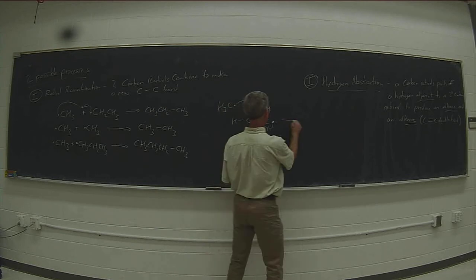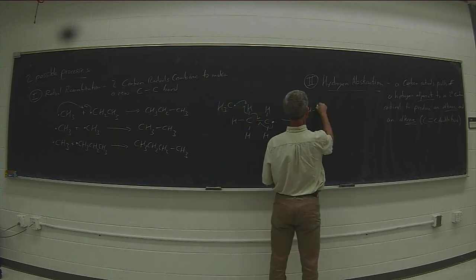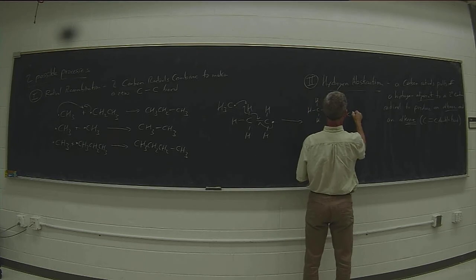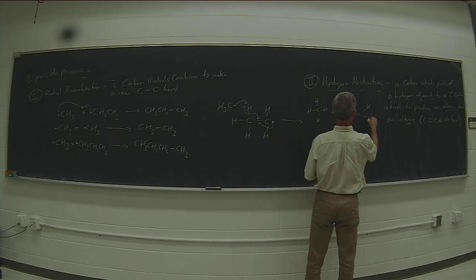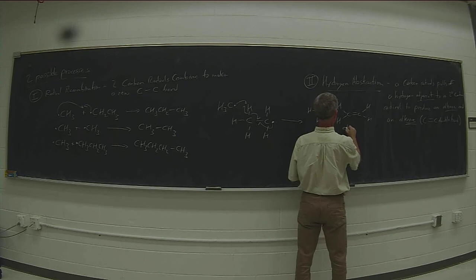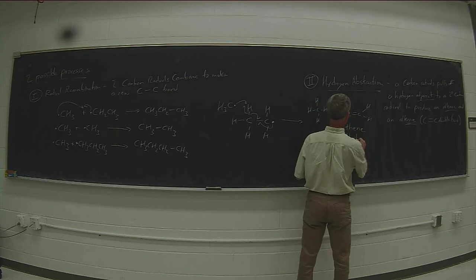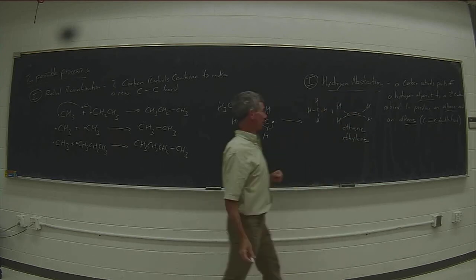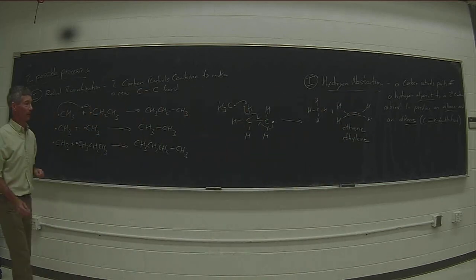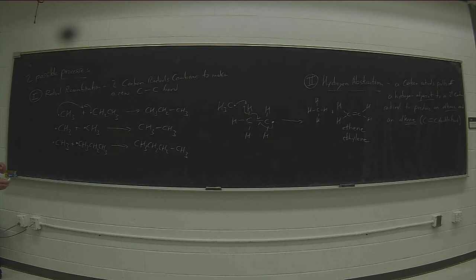And the product of this would be ethane and ethene. This is also known as ethylene, the common name ethylene, the IUPAC name ethene.